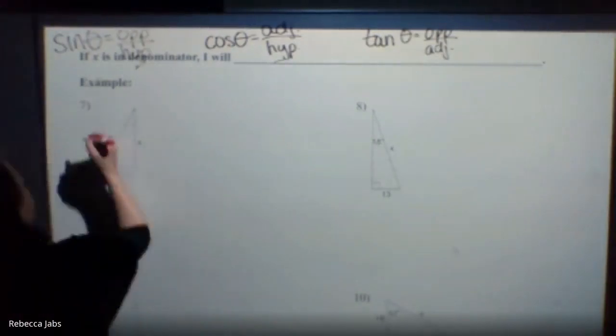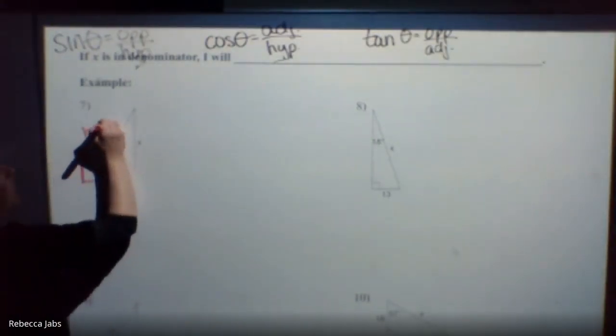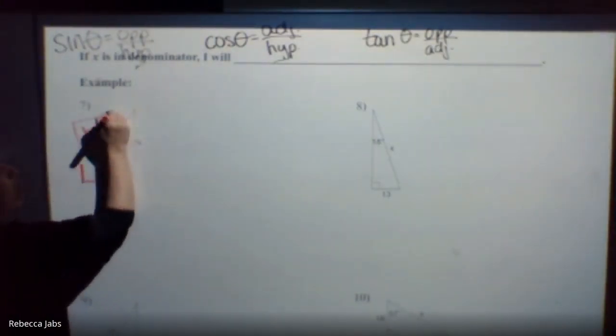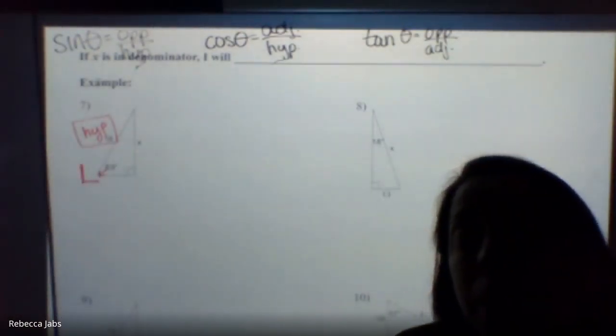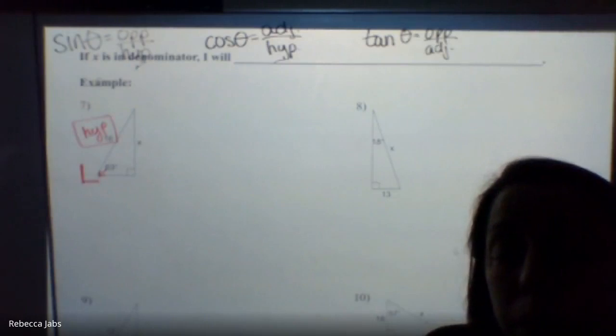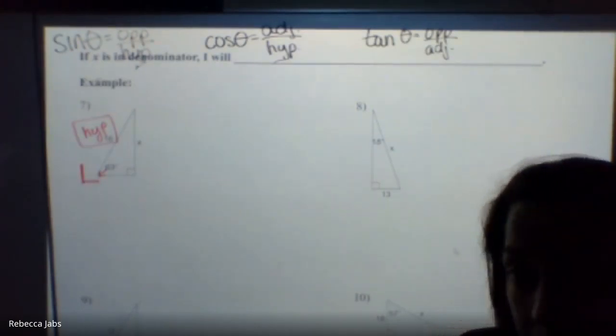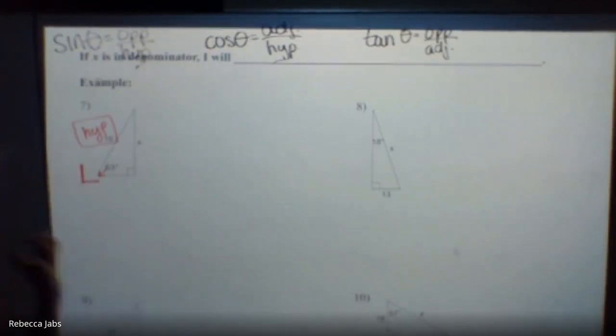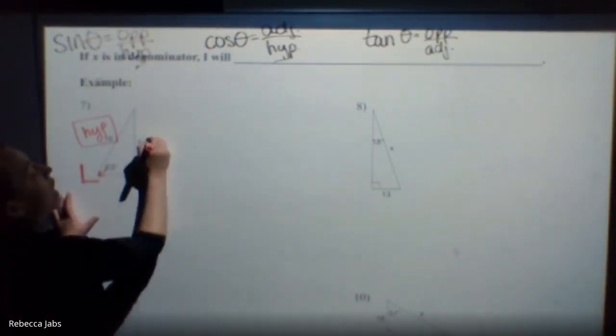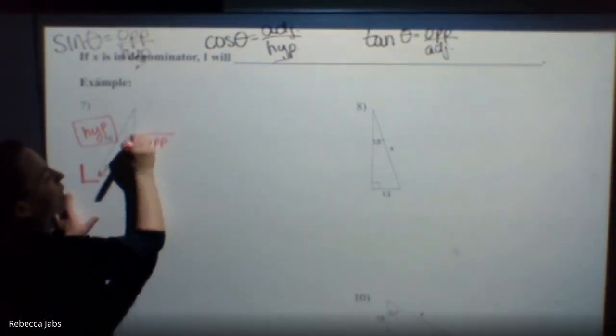Thank you. 16 is the hypotenuse. Very nice. So I'm going to write hypotenuse by 16. Very good. X is across from L, and so X is opposite.